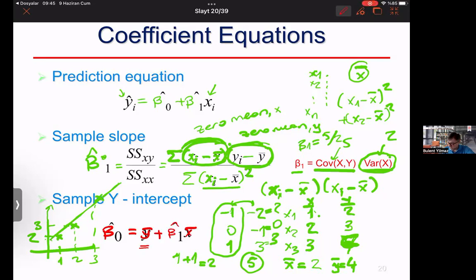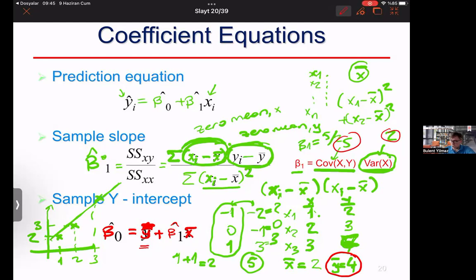Okay, y bar, that means the mean of this, minus beta 1, that's what we found here, 5 over 3 times x bar. We will use these in our equations, okay?